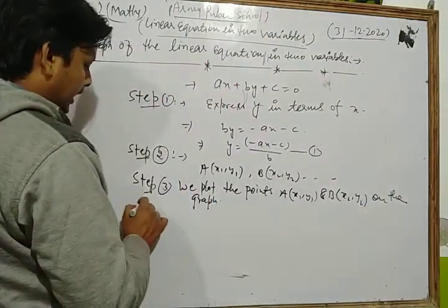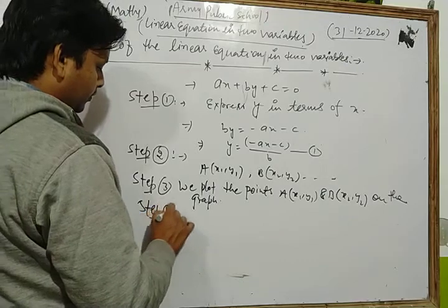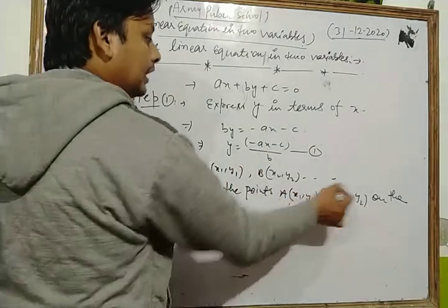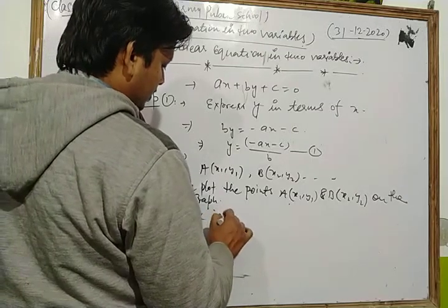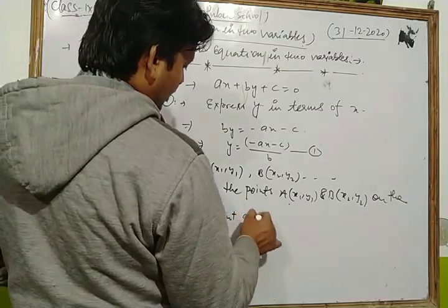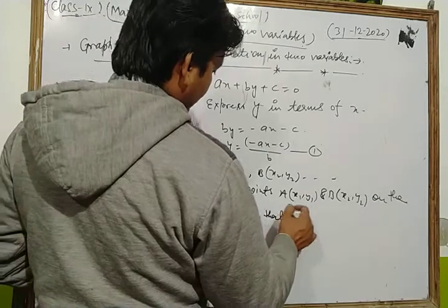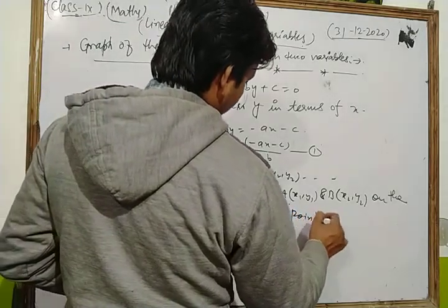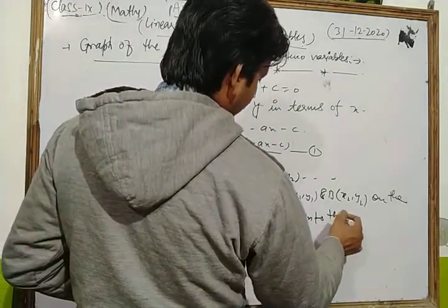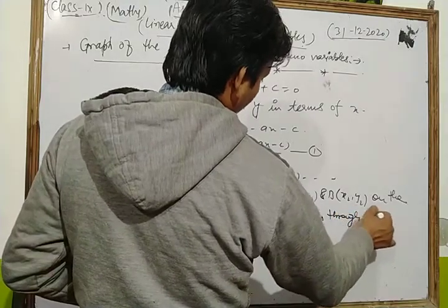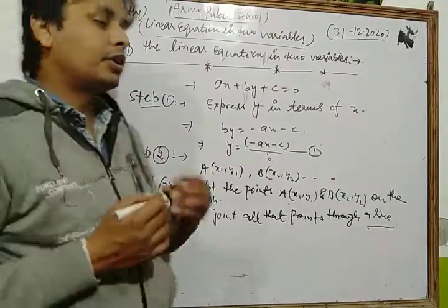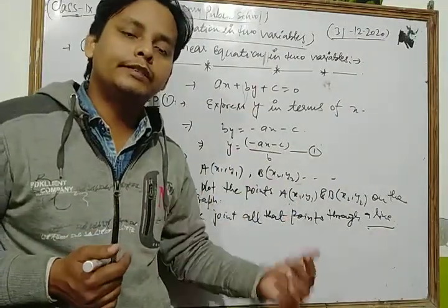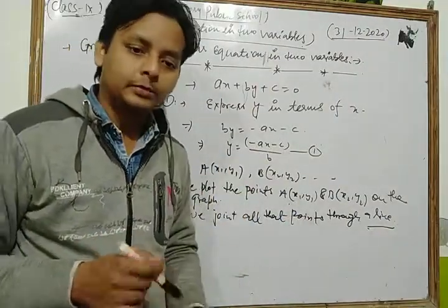Now in the last step, step 4, we join all those points through a line, which is the required graph of the given linear equation in two variables.